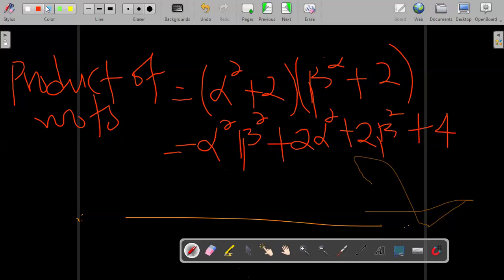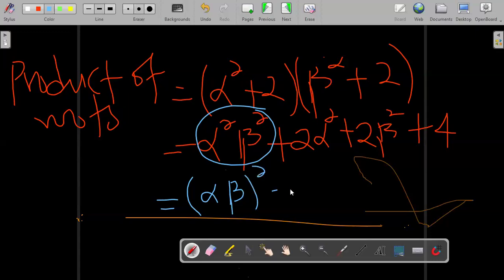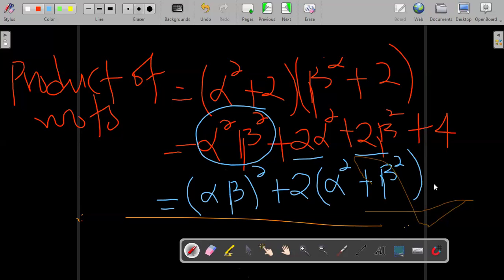If I apply the law of indices to the first term, I can write it as (alpha beta) all squared plus, I can factorize 2 from here, 2 bracket alpha squared plus beta squared, plus 4.